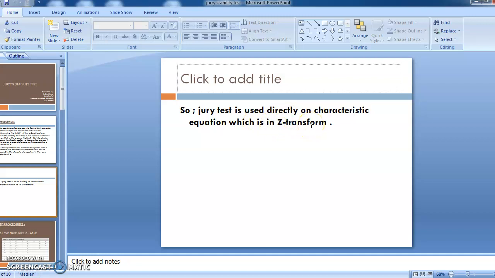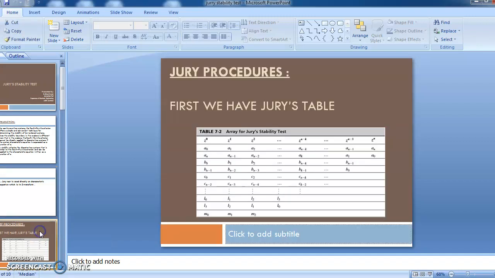If the equation is in the form of S transform, then we may apply either the pole zero diagram or the Routh-Hurwitz criteria. And if the equation is given in the form of Z transformation, then this Jury stability test is the best applicable method to check the stability of the system.